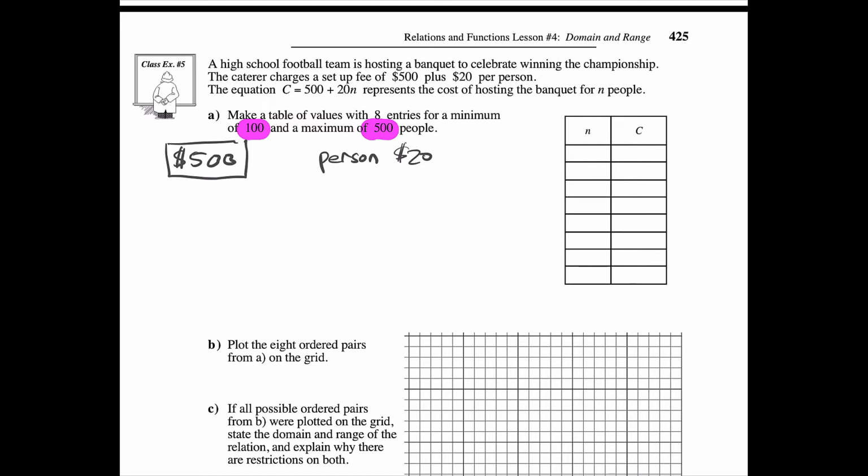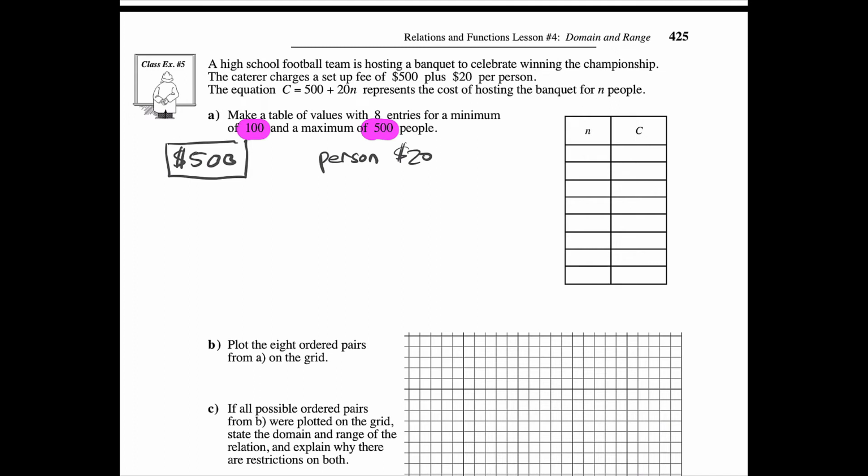I don't have enough staff or facilities to be able to take care of that many people. So in this case, it makes quite common sense that if I've got 10 people coming, that is times 20 per person, that's $200, plus the 500 initial costs, that's going to be $700.